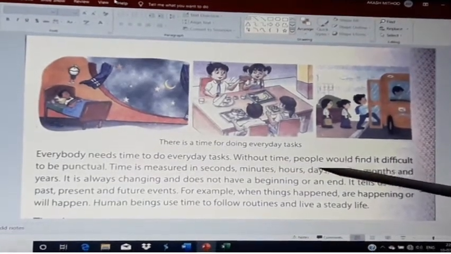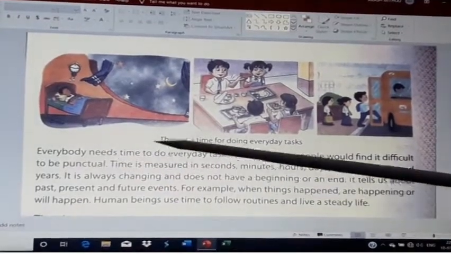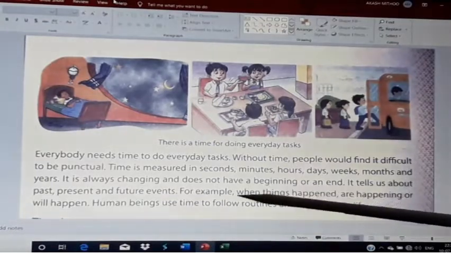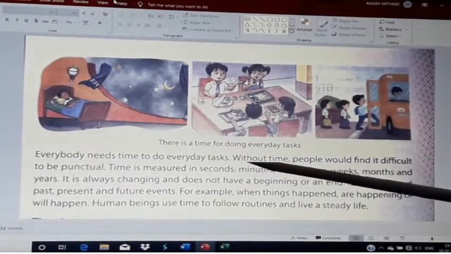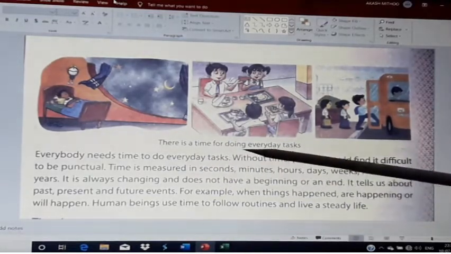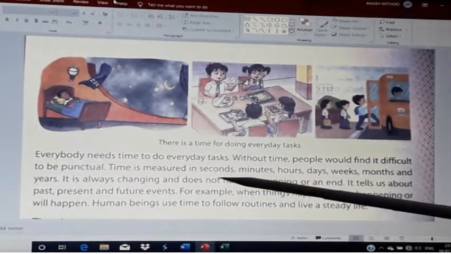Without time, people would find it difficult to be punctual. The word punctual means on time. We can do our work on time when we know the time properly by looking at the clock.